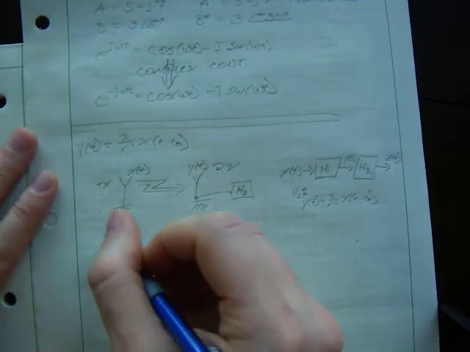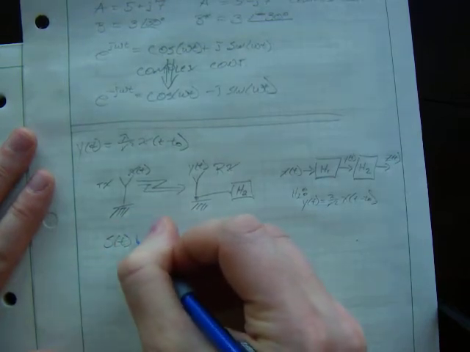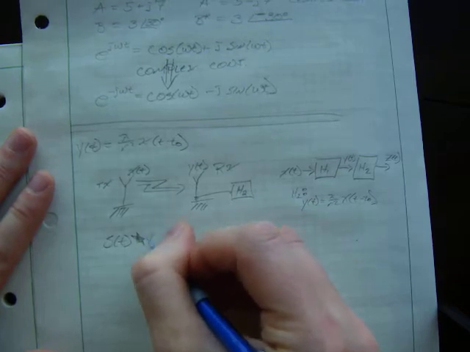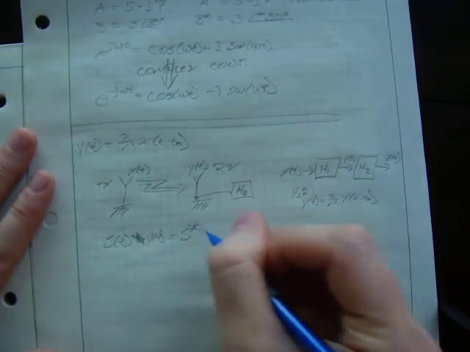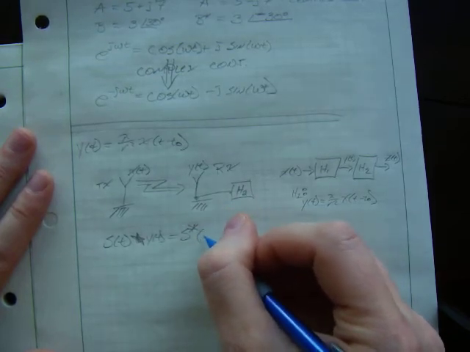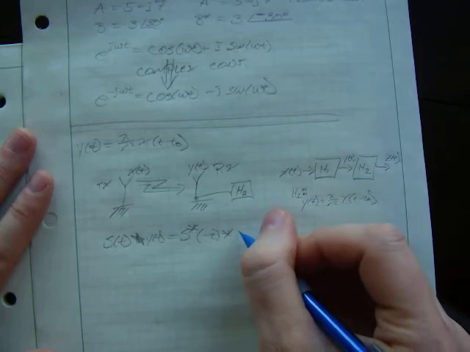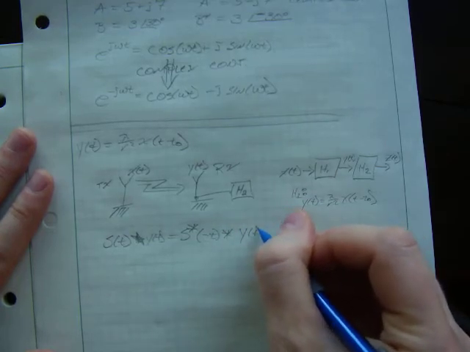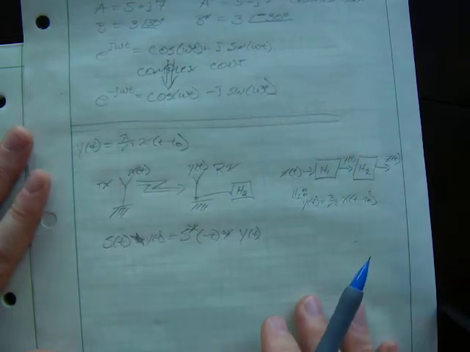So we take our s of t with our star notation, and y of t, and we use the complex conjugate, negative t, convolution now with y of t, because this is going to be the input to H2.